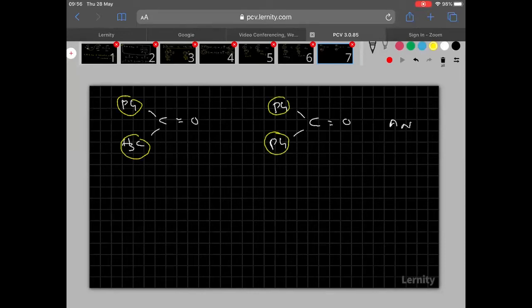So crowding is more in the second one, whereas in the first one, crowding is less. Less crowding means more rate. So the first one has more rate towards nucleophilic addition than the second one. So this is the way to compare the rate of nucleophilic addition when different compounds are given to us.